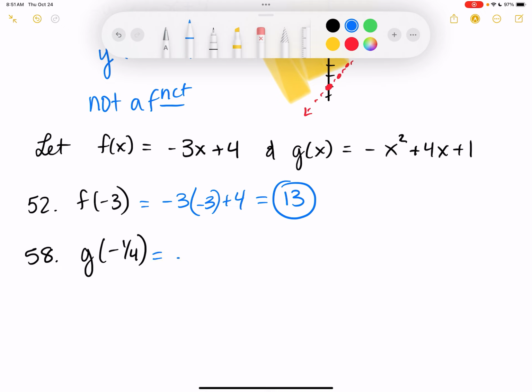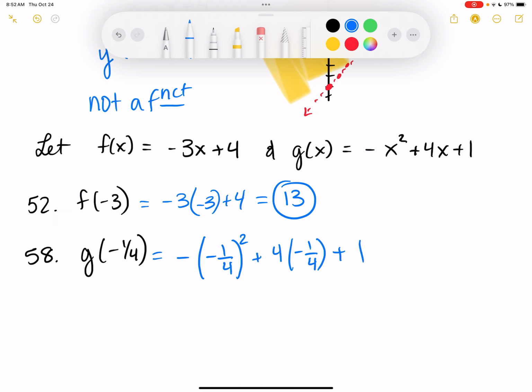So I have a negative sign, and then my x is a negative, so I want to make sure I put parentheses around this so that it's not confusing. So this negative out here is not being squared. Anything that's in x will be squared. So that's why I also want to make sure I write it like this. Plus 4 times negative 1/4, and then plus 1. So I've replaced all my x's with that negative 1/4.